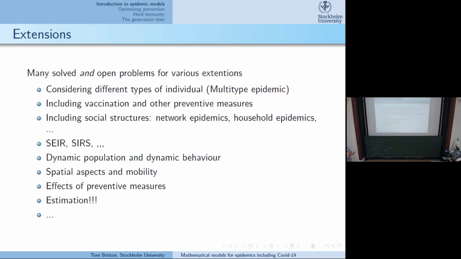Also having your model be dynamic, so new people entering the community, some leaving, and maybe changing behavior over time, spatial aspects, mobility, and of course estimation of all these things. So there are a lot of things; it's not that everything is solved.